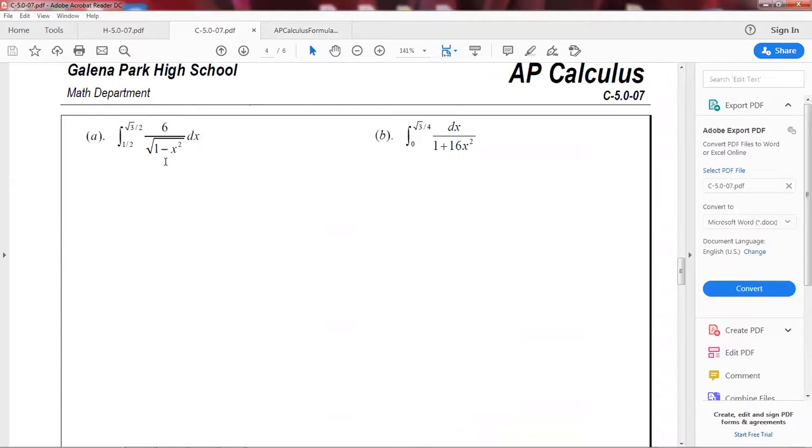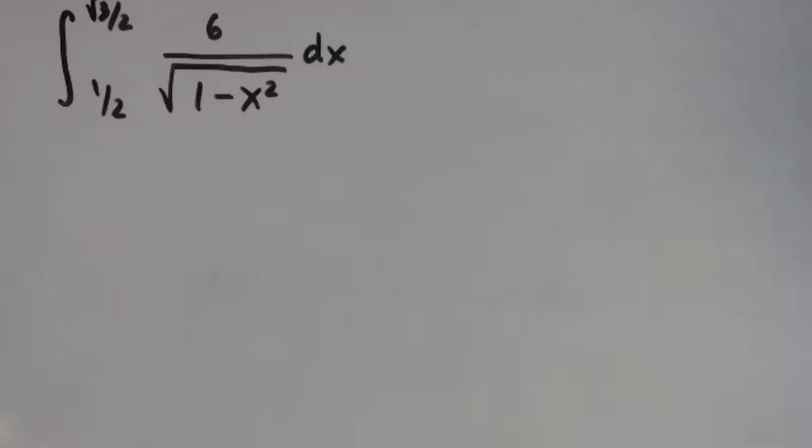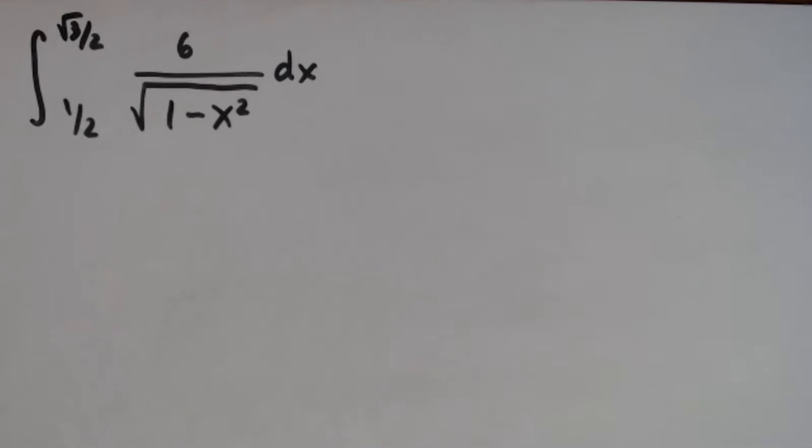This integral is from 1/2 to the square root of 3 over 2 of 6 over the square root of 1 minus x squared dx. So this is my integral. Okay, I wrote this one on my board. And well, I'm going to check which one of the formulas can help me.